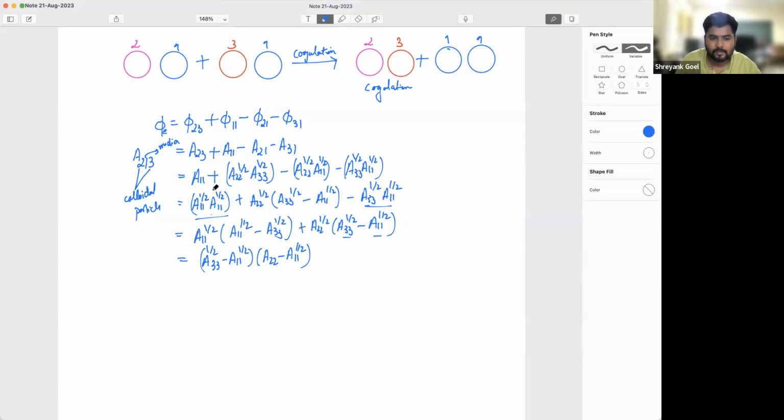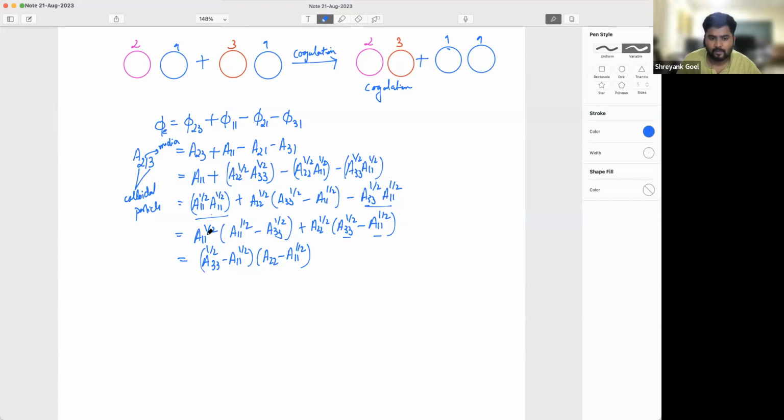So let's look at this: A11, A22, A33 to the power half, A22, A11, and A11 and A33. Okay, that's fine. So A22 is taken common, A33 half minus A11 half is there, minus A33 half, A11 half.